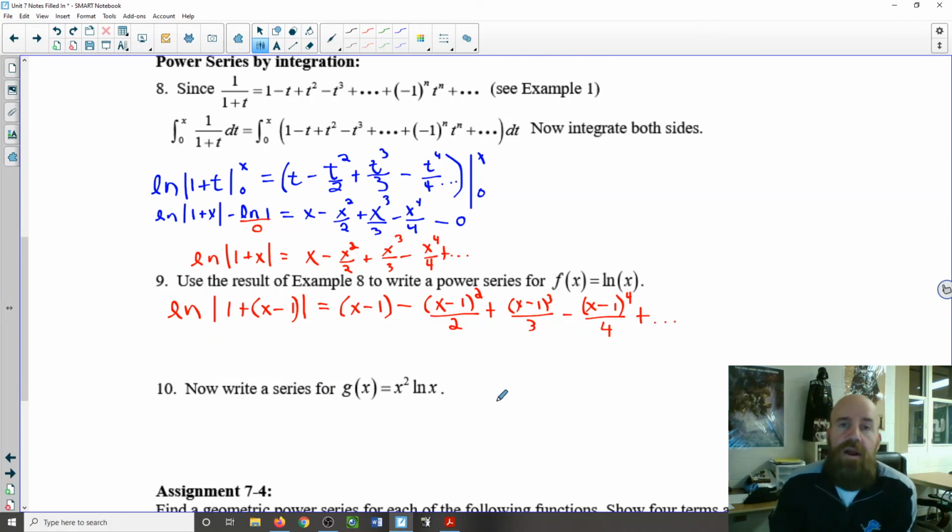And we can continue on in that fashion. So we just used integration to find natural log of 1 plus t, and now we use that to find natural log of x. So that's pretty cool.